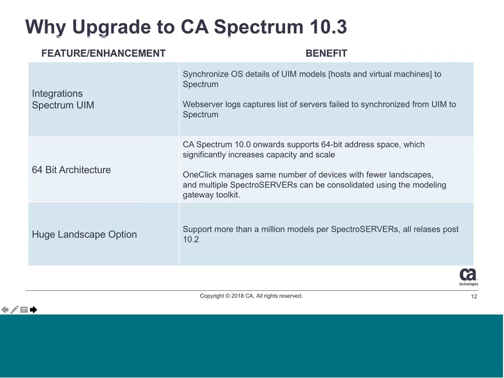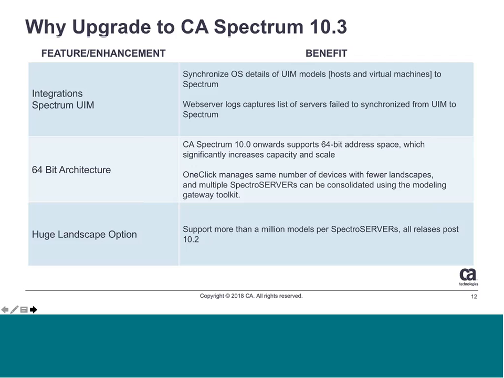Again, with 10.2, we introduced the huge landscape option, which allowed us to support more than 1 million models per Spectro server. And this is valid for all releases post 10.2. With regards to integrations, we have the Spectrum VNA or Spectrum UIM integration, but I'm talking about the Spectrum UIM integration specifically here.